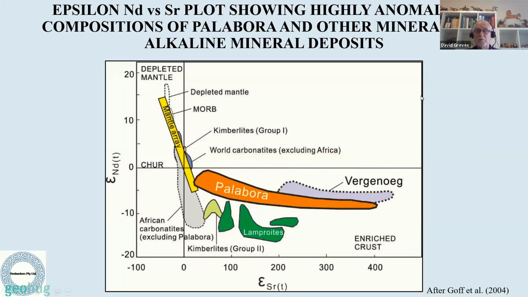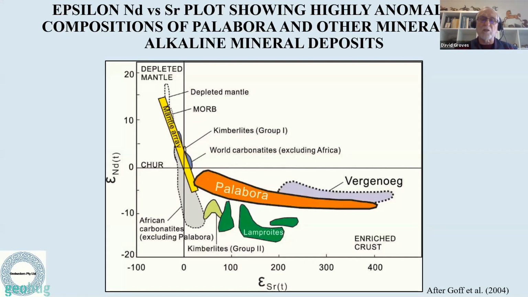And this thing called Vergenoeg, which means far, far away in Afrikaans, it's got a similar trend. It's one of the world's largest fluorite deposits, again, I think with alkaline affinities, because it's a fayalite, hematite, magnetite, fluorite deposit. So extremely unusual.